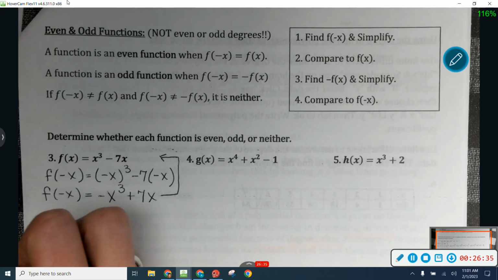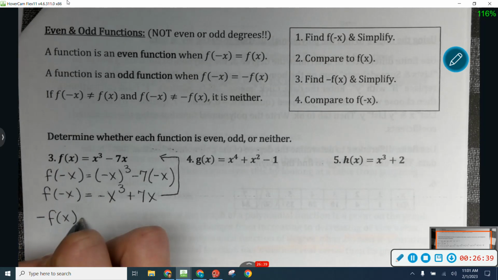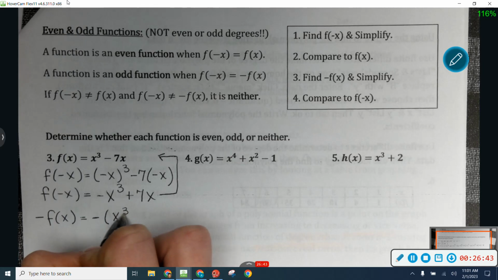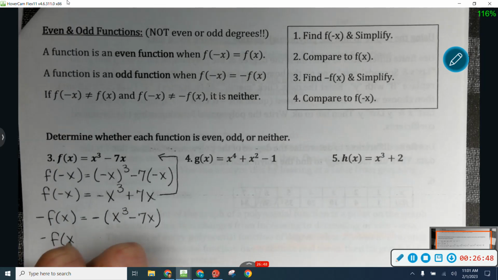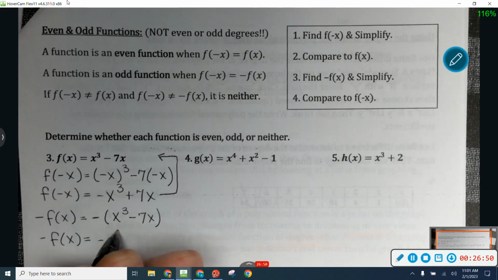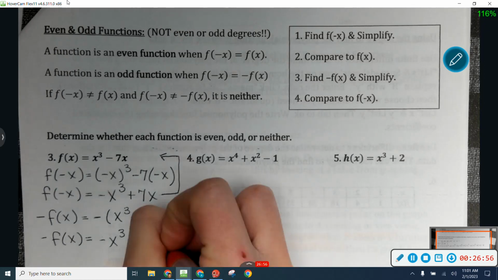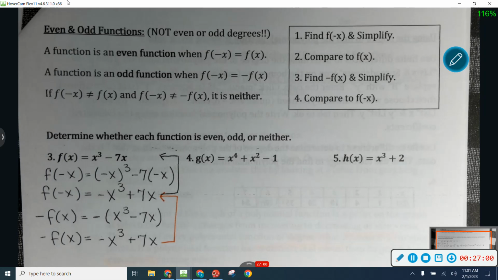So now I need to find negative f of x. So negative, and then in parentheses, x cubed minus 7x. So negative f of x is equal to negative x cubed plus 7x. So I'm going to compare that to f of negative x.